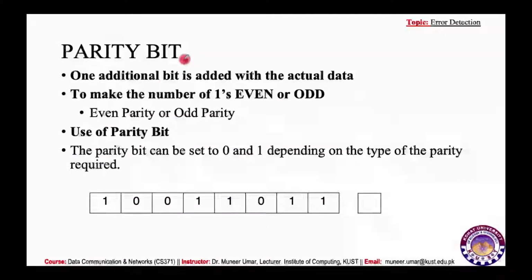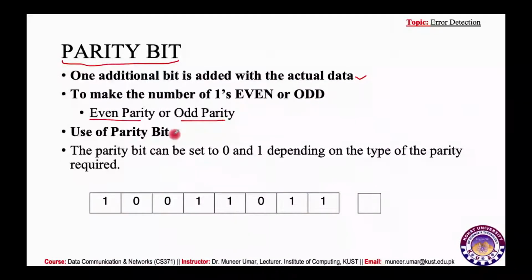Parity bit. One additional bit is added to the actual data to make the number of ones even or odd. So we will have even parity or odd parity. The additional bit is called the parity bit.